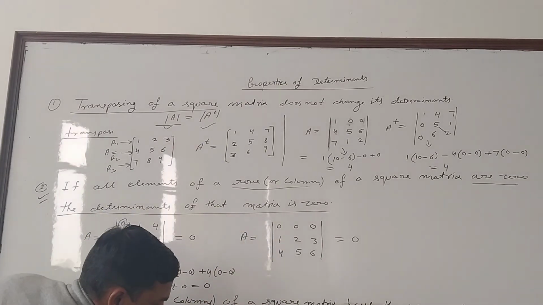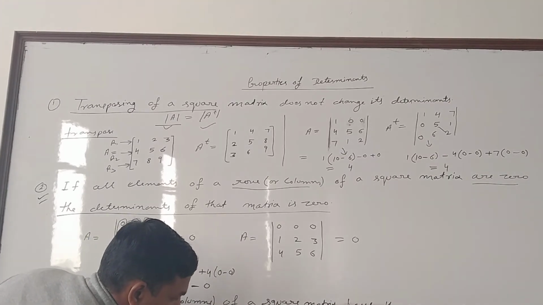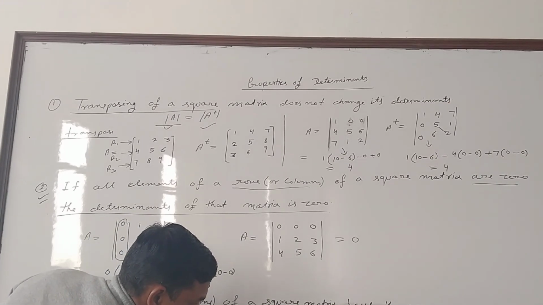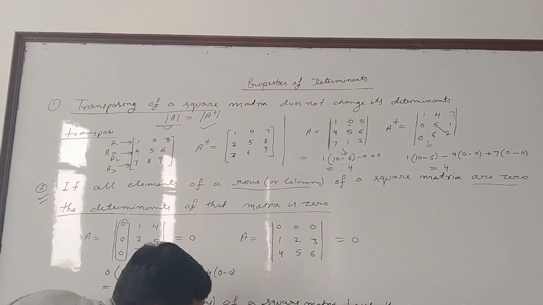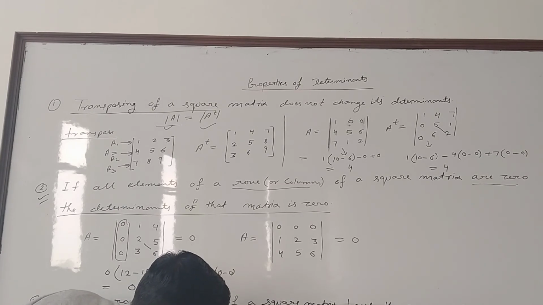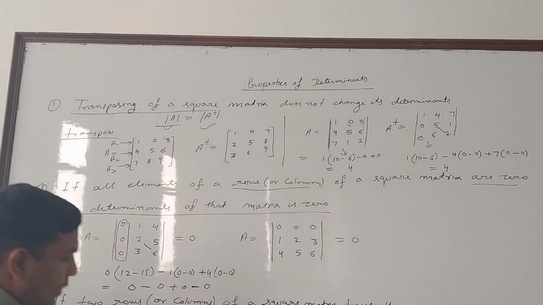Then it is equal to 8, this is the multiplication, 8 minus 8, this is minus 4, this is plus 16, and minus 12, then it is equal to 0.